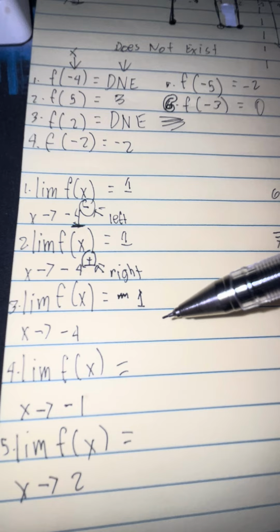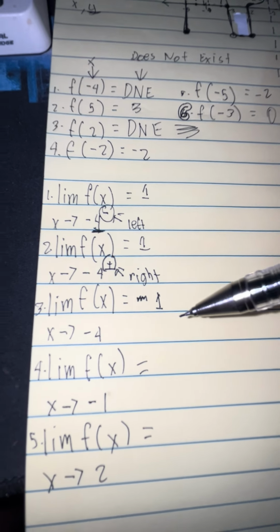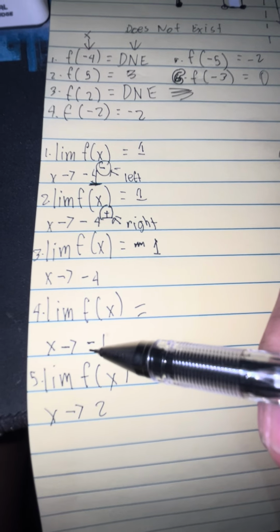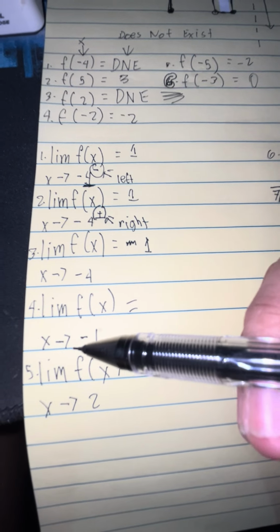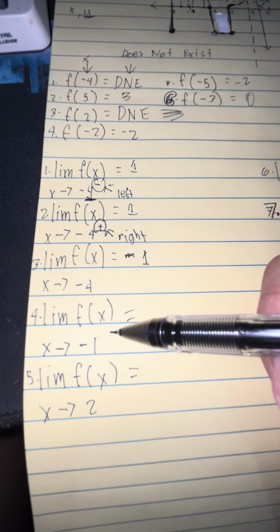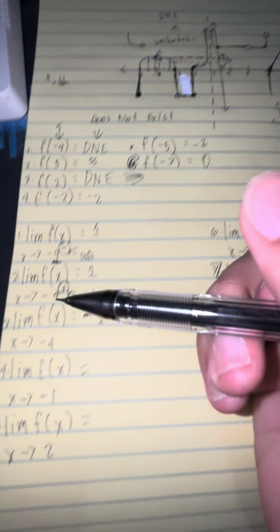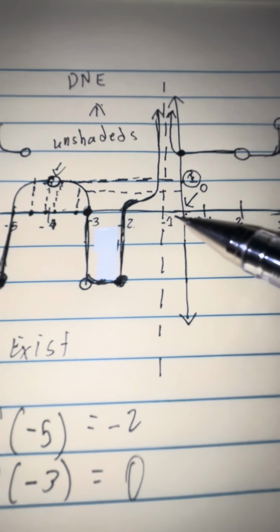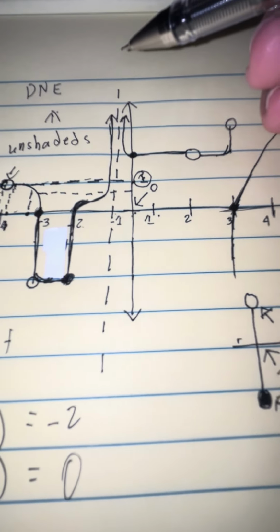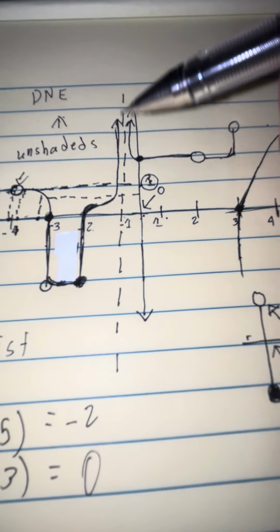But what if they were different? So take a look at this. As x approaches -1, the limit of f(x) as x approaches -1. Now there's no symbol, that means we're considering both sides. So where is -1? -1 is right here. Now if we go back to our lesson in Gen Math, this is called an asymptote.